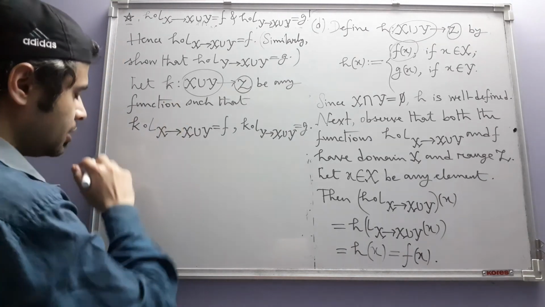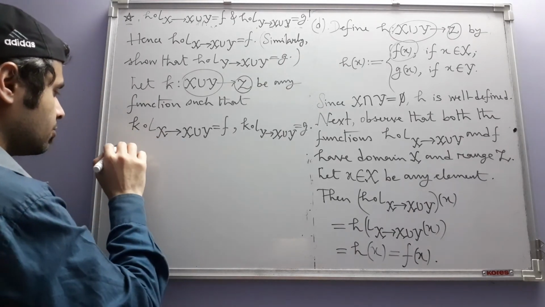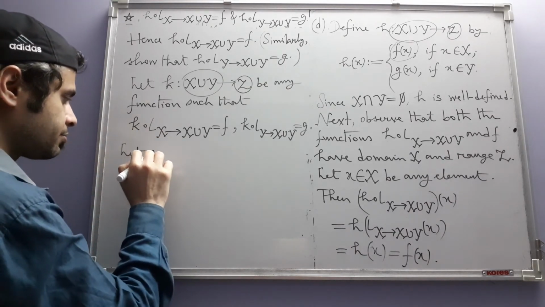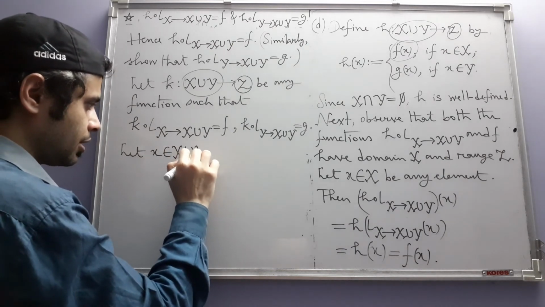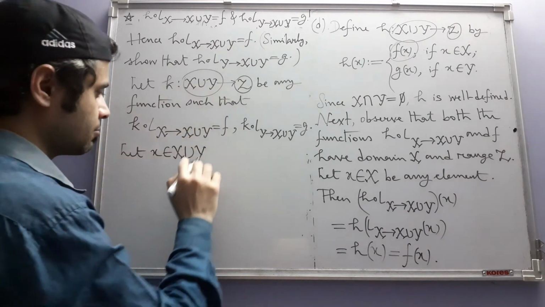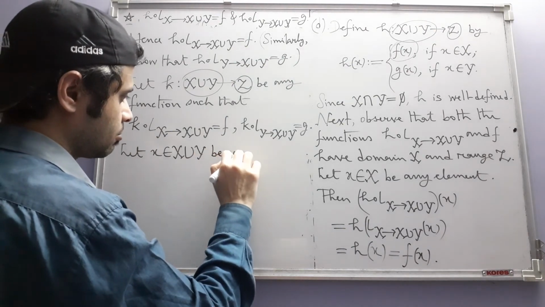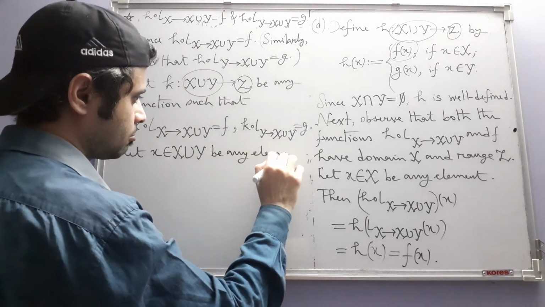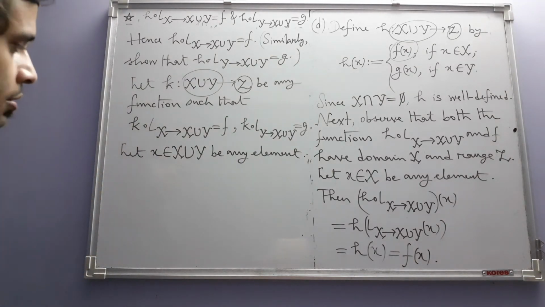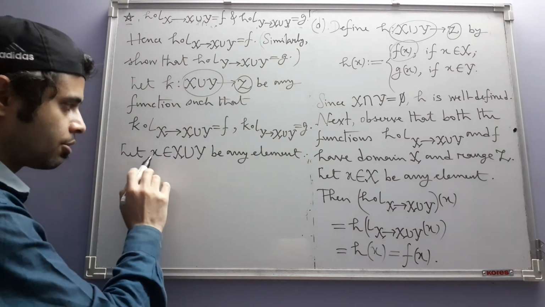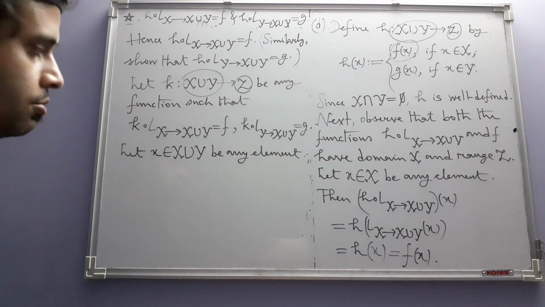So let x belonging to X union Y be any element. Now exactly two things will happen. Either x belongs to X or x belongs to Y. Accordingly, there are two cases.